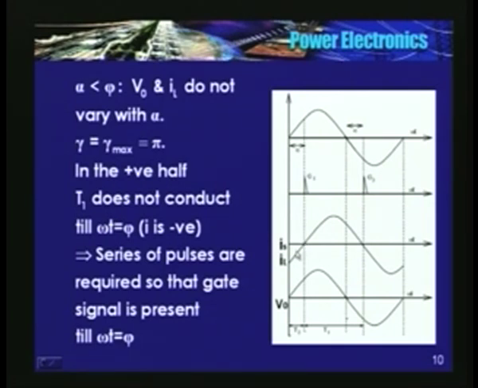This current is being carried by T2. So if there is just a sharp pulse, as I showed here, and if your trigger angle alpha is less than the power factor angle, there may not be any current, because there is only one sharp pulse, current is negative, it is flowing through T2, it has to become 0, and that instant is fixed by the power factor angle.